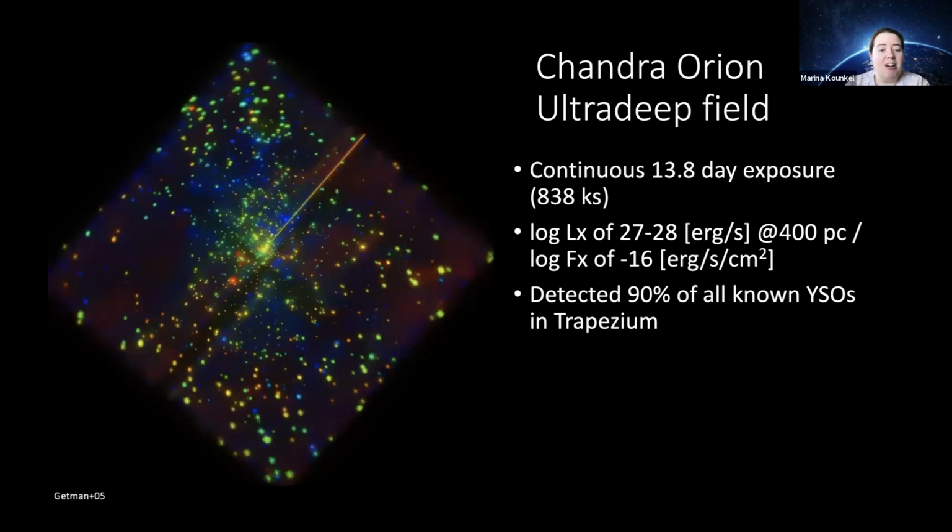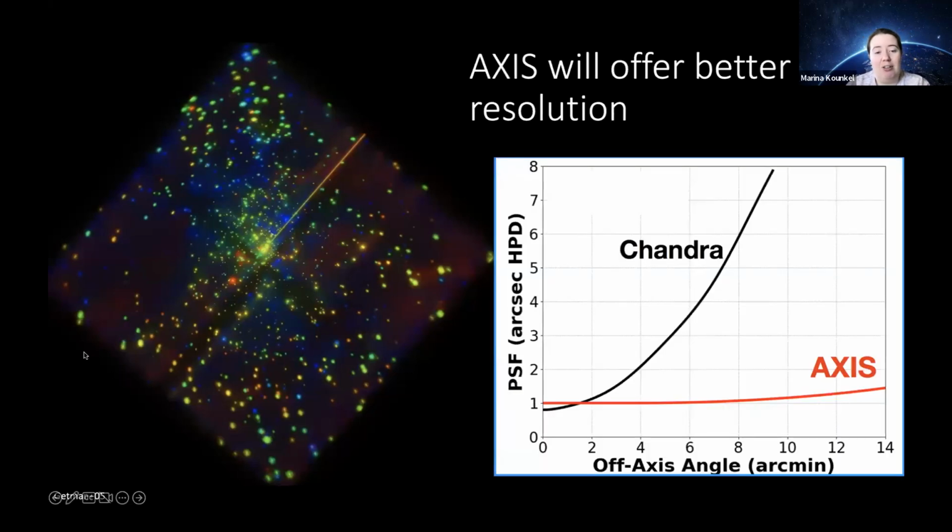Of course, there are certain limitations that it has had. For example, as you know, there's an issue with the off-axis PSF, and you can actually see in this image that in the center of the cluster, the pointing is pretty crisp, but the further and further you get away from it, the more and more distorted the sources become. So AXIS will certainly be able to offer an improvement just in terms of the resolution, because when we're dealing with these clusters, they tend to be fairly dense.